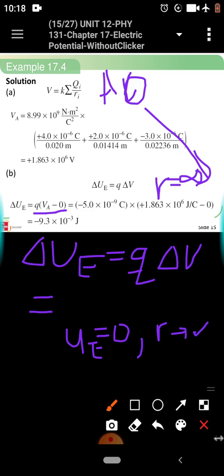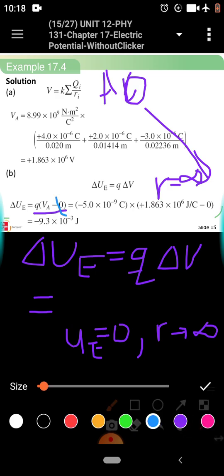Remember, this is simply dividing by a very big number, which makes this very small, closer to zero. So they have 0 here as the initial potential.